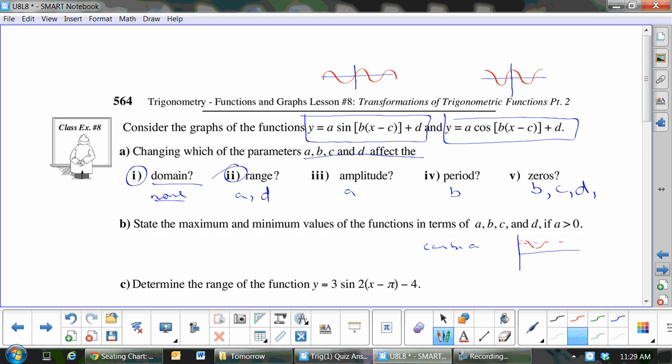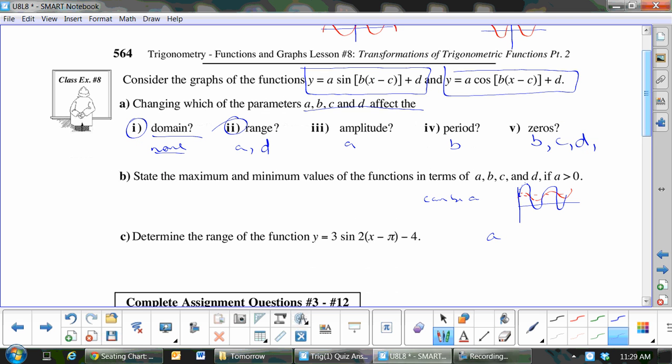This is your graph after you moved it up 3. Now, if they then tell you to do a vertical stretch by 4, what would happen? Okay, now it does change the zeros.